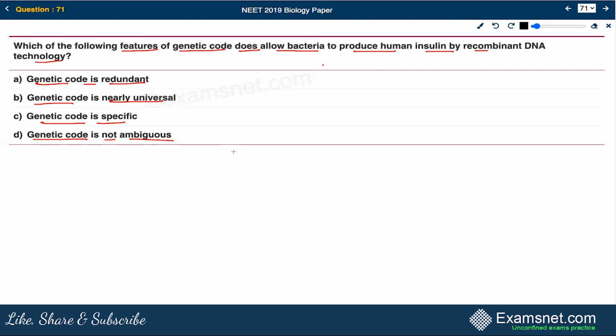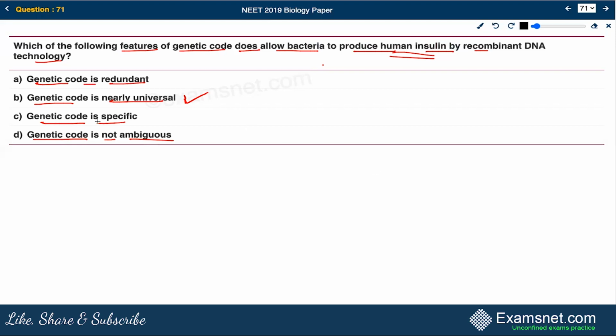For producing this human insulin, it is very important that the genetic code has to be nearly universal. That means if it is nearly universal, then a single nucleotide is encoded by only one codon and not by any other specific codon.